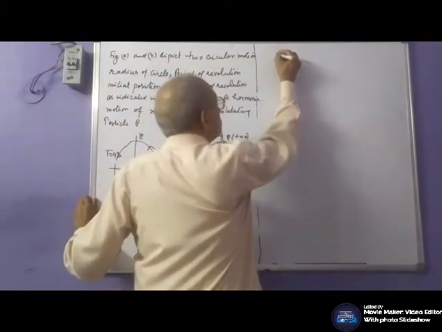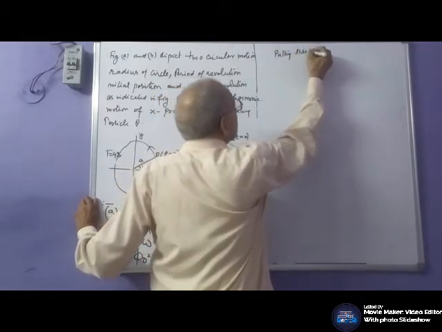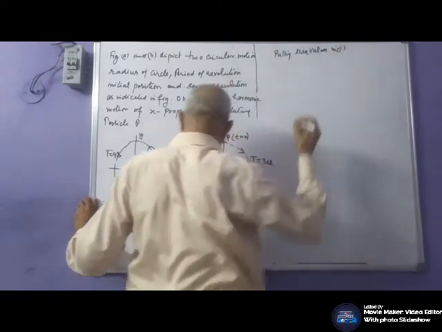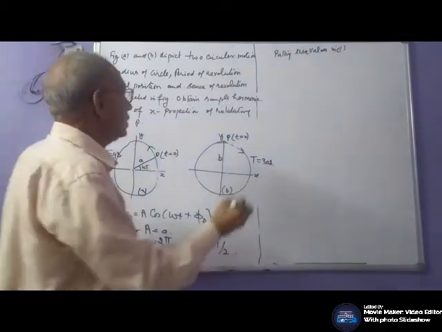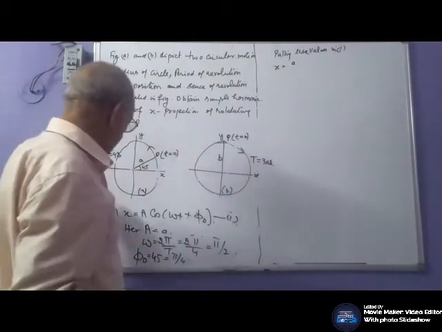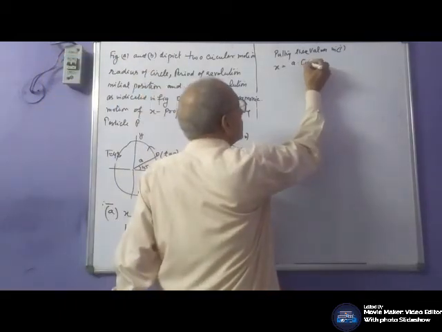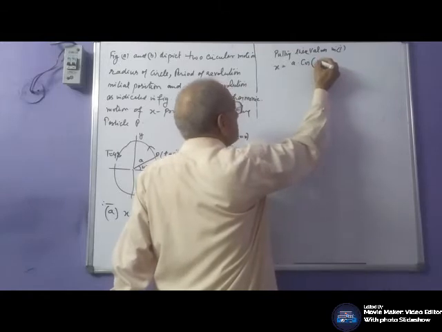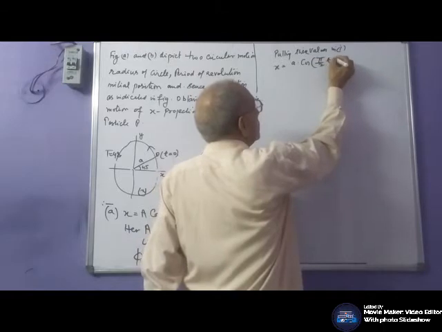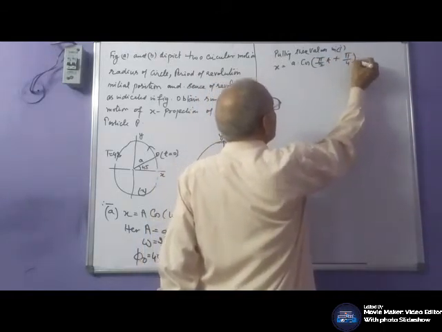Putting these values in first: x equals A, capital A is small a, cos omega t, omega it is pi by 2 t plus phi naught pi by 4.